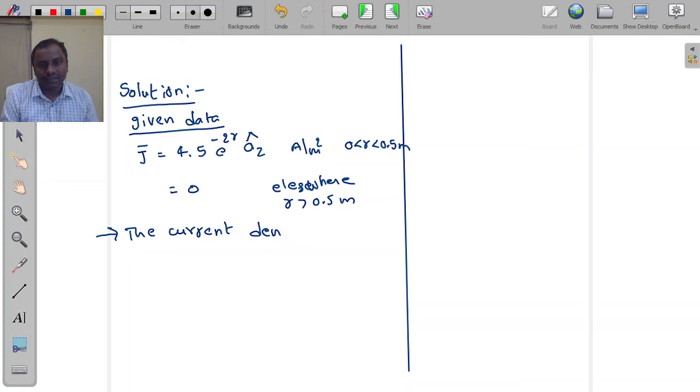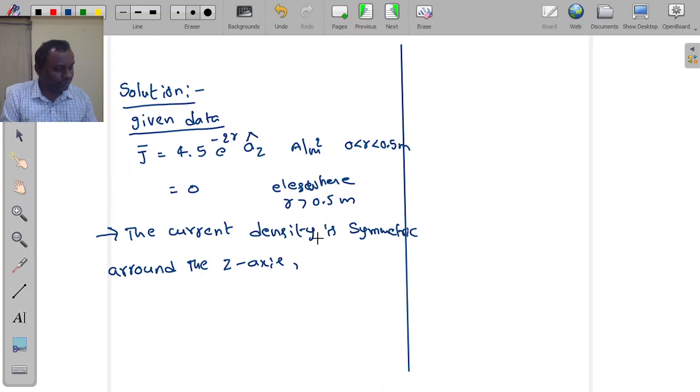The current density is symmetric around the z axis.